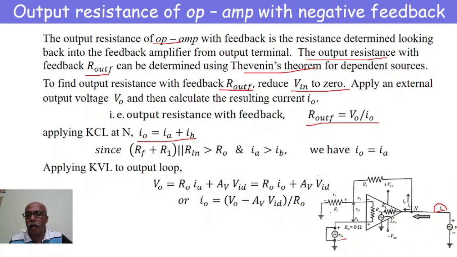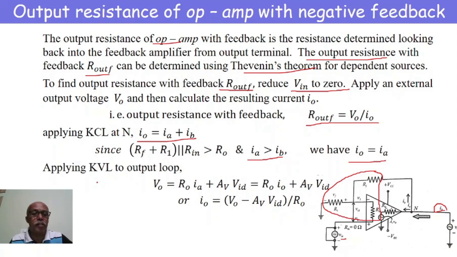Since RF plus R1 is in parallel with Rin, which is greater than R naught, this combination is greater than this value. Therefore IA is much greater than IB, so IB is neglected. Therefore, I naught will be taken as equal to IA.